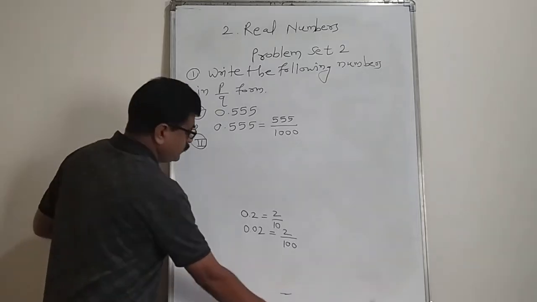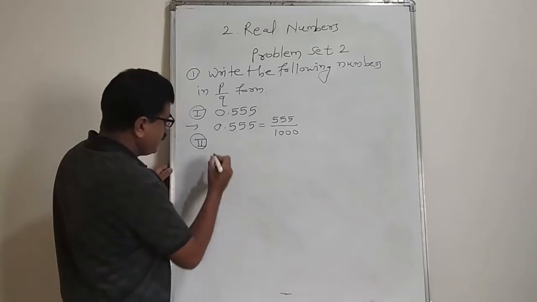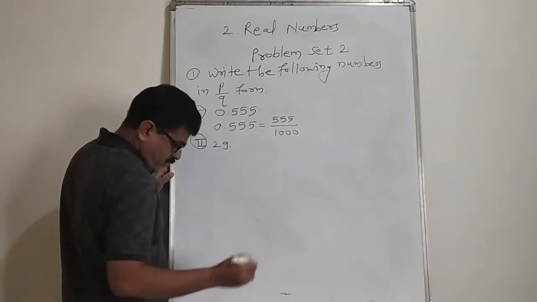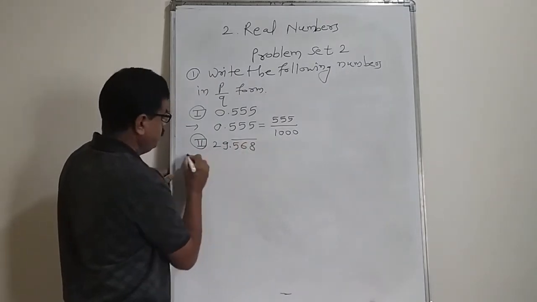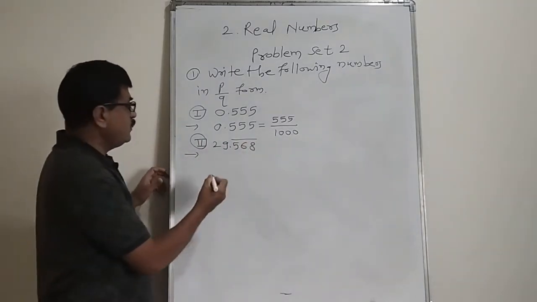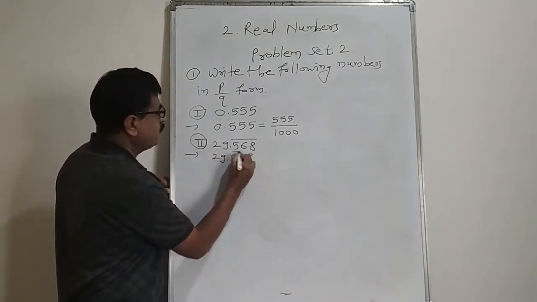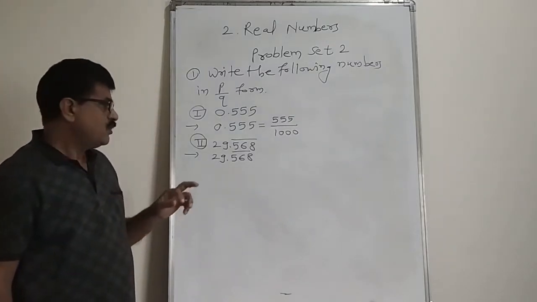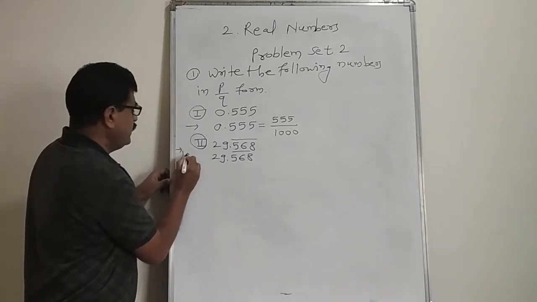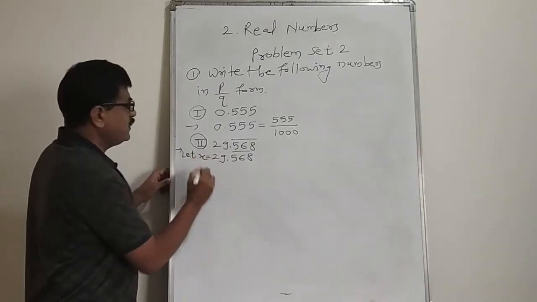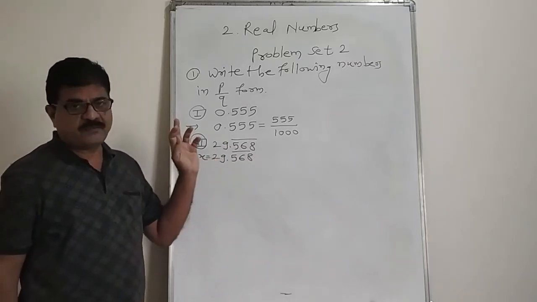Number 2. Second example, 29.568 bar. First write down the given number as it is, or first we consider let x be equal to the given number, that is 29.568 bar.